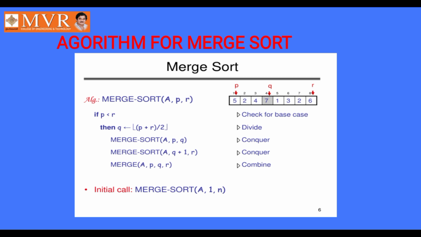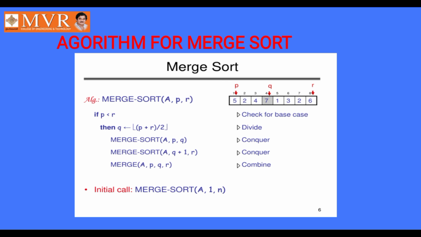If I give my first element as 1 and the upper element as n, then my mid is equal to (1 plus n) by 2. If I start the array index with 0, then I give (0 plus n minus 1) by 2. In both cases, whatever the technique, the mid value will not differ. The same mid position will come for you.